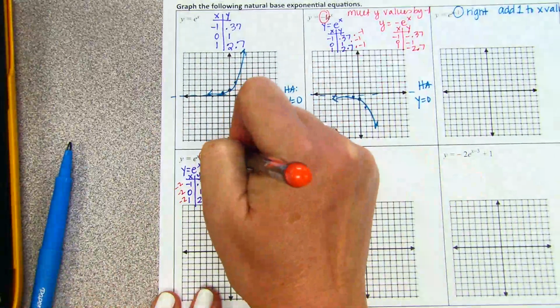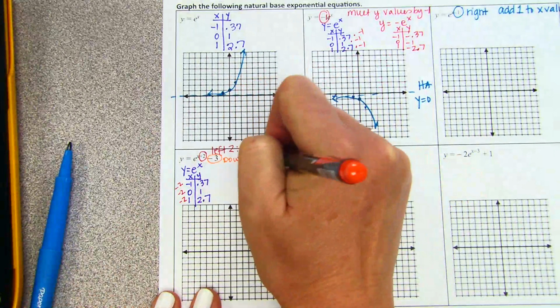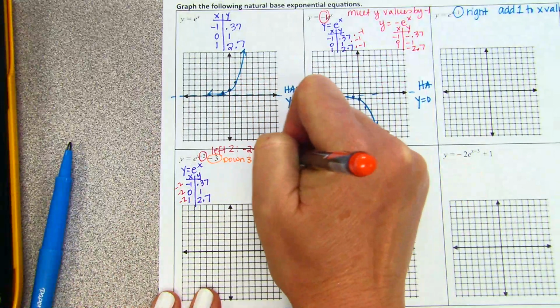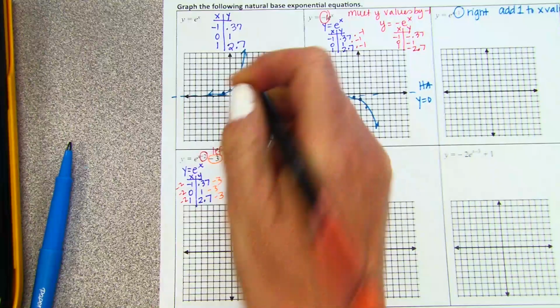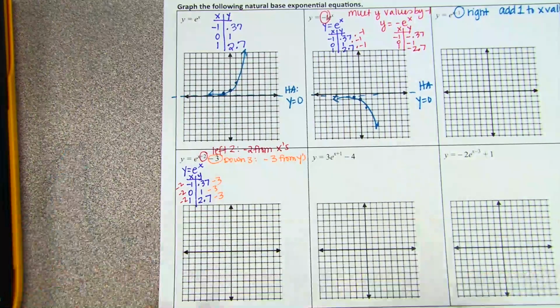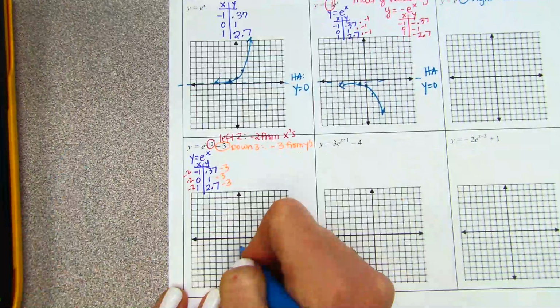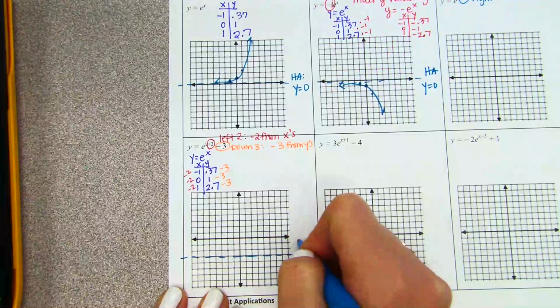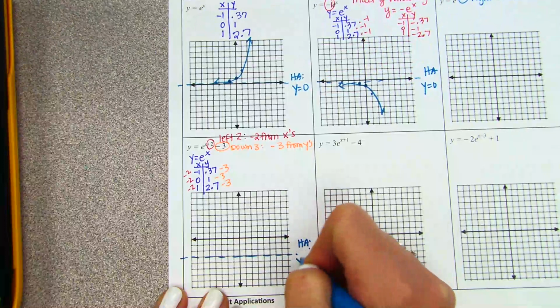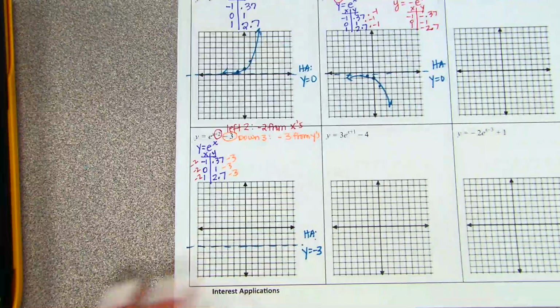This goes down 3, which means you minus 3 from the y's, minus 3, minus 3, minus 3. And because it goes down 3, our asymptote moves down 3. So 1, 2, 3. So there's our new horizontal asymptote of y equals negative 3.